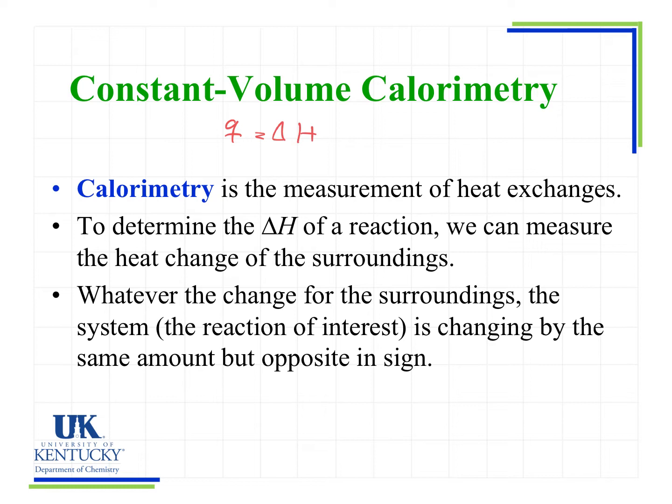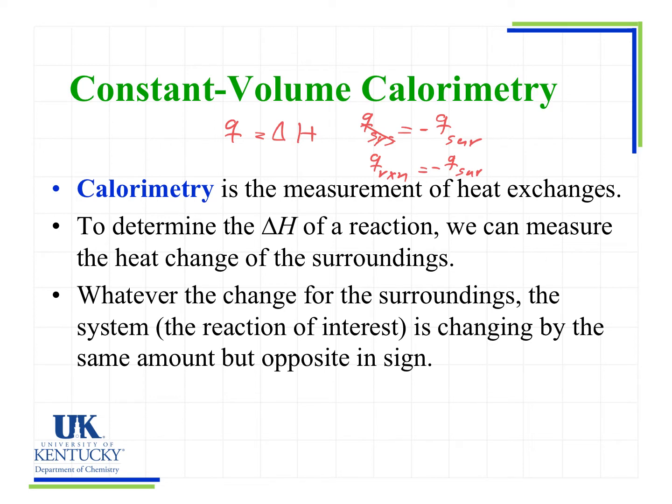And we also learned that Q of the system is exactly the same amount with different sign of Q of the surrounding, right? So in our case, we are investigating a reaction, so our system is a reaction. Therefore, Q of the reaction equals negative Q of the surrounding. So in order to find the Q of the reaction, we can easily find the Q of the surrounding.